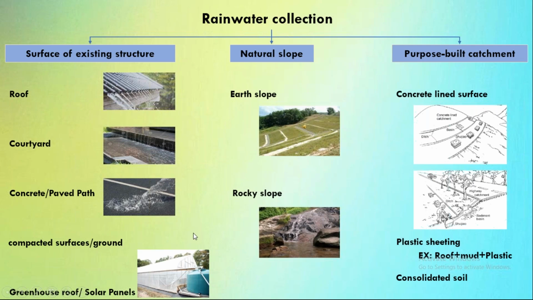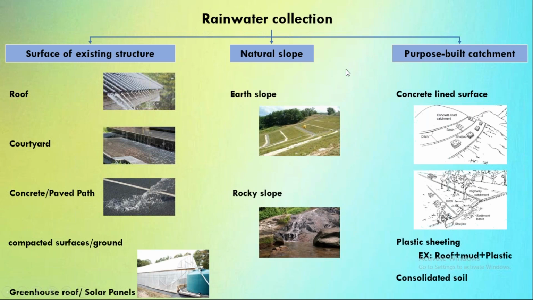But when we go for a larger area, we have to find some paved surface or highway or our agriculture field. There are natural slopes also, where we can use rainfall from earth slope and rocky slope. But these types of earth slope have their limitations and advantages as well.